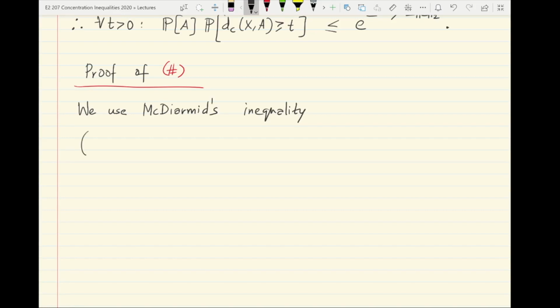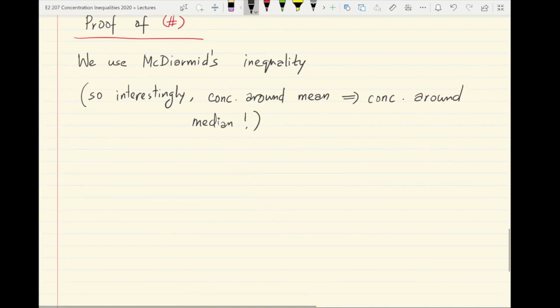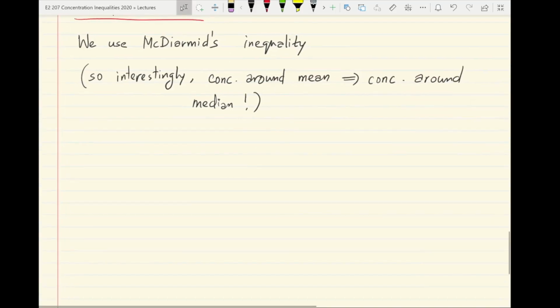So interestingly, by the corollary of the main theorem, concentration around the mean finally has, as one of its consequences, concentration around the median. Okay, which is a nice fact.